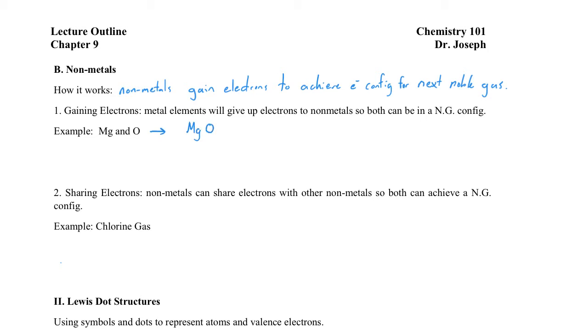We've learned through charge balancing that this is like a magnesium that has a 2+ charge together with an oxygen that has a 2- charge, and we needed one of each so that the charges balance out. This is happening because magnesium is losing 2 electrons and oxygen is gaining 2 electrons, so that both can achieve a noble gas configuration.